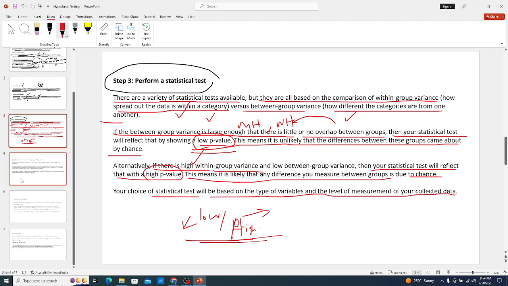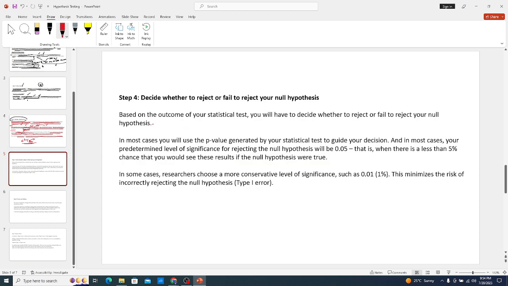Yes, let's try and see. Now under decide whether to reject or fail to reject your null hypothesis: based on the outcome of your statistical tests, you will have to decide whether to reject or fail to reject the null hypothesis. So if we reject the null hypothesis, then it means we are supporting what?